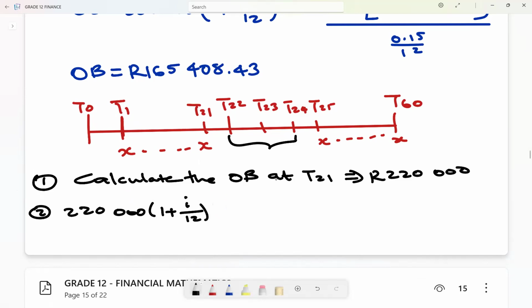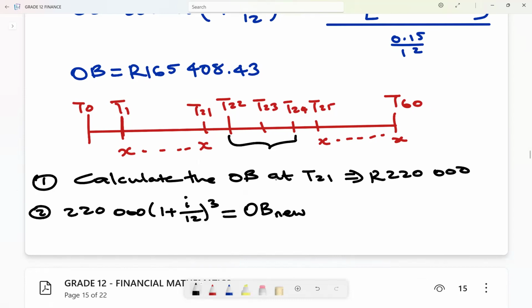How many months did you miss? You missed 3. This will be your new present value, your new P that you need to pay. This will be your new outstanding balance. And then when you want to calculate the rest, you will use that outstanding balance.